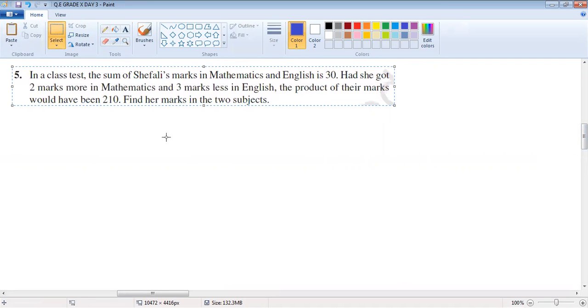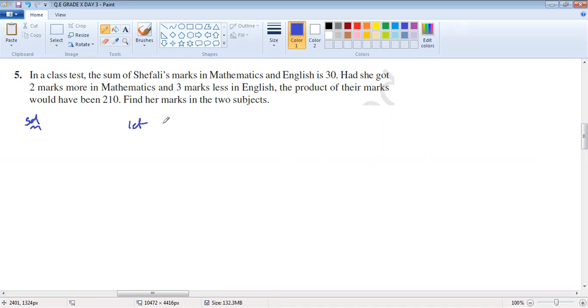In a class test, the sum of Shefali's marks in mathematics and English is 30. So what will we take?